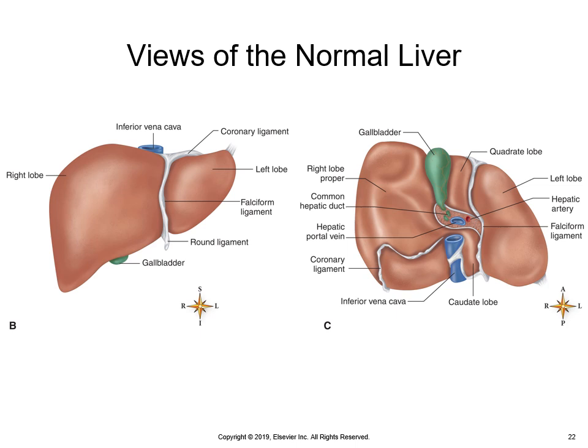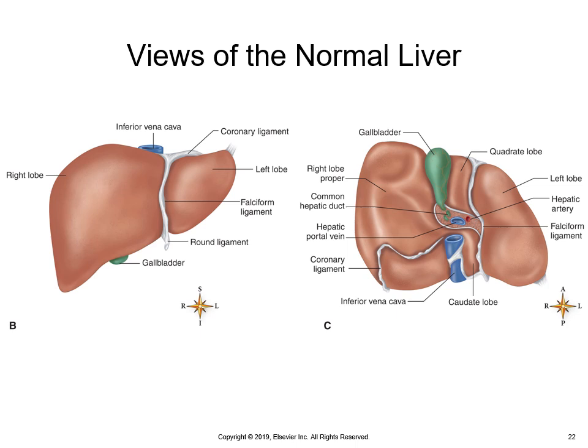We can see the hepatic artery here. So the hepatic portal system, these are basically the portal veins that are going to bring that nutrient-rich blood from the intestines for processing, and of course the hepatic artery is going to supply the liver with the oxygenated blood.